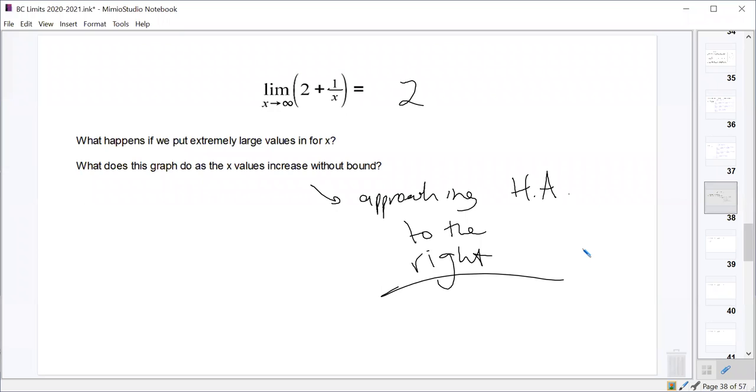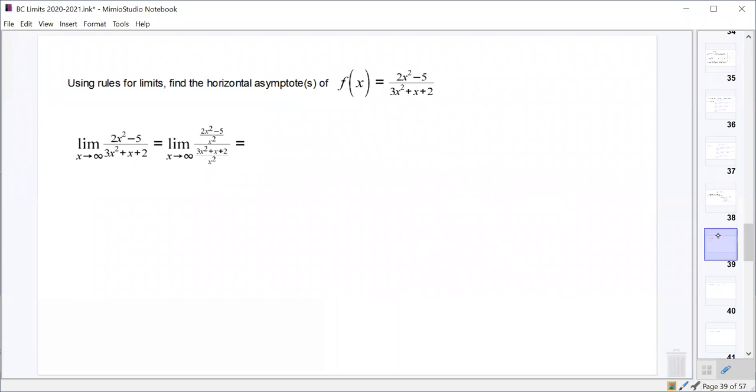Everybody good with that? Hopefully so. The important piece of this being mainly that a limit as x approaches infinity gives you the horizontal asymptote to the right, and a limit as x approaches negative infinity gives you the horizontal asymptote to the left.